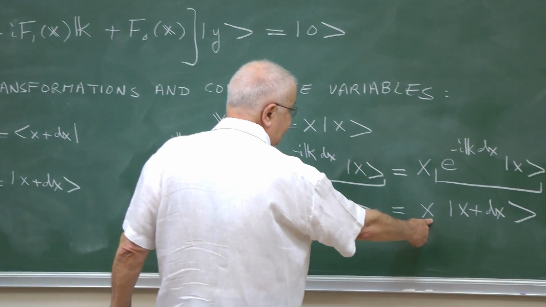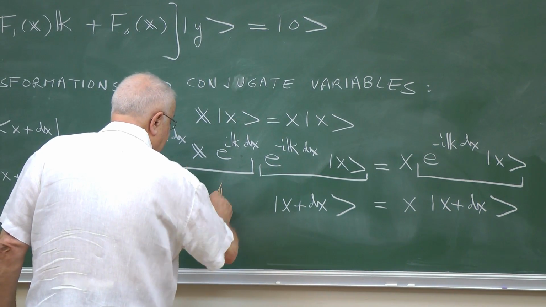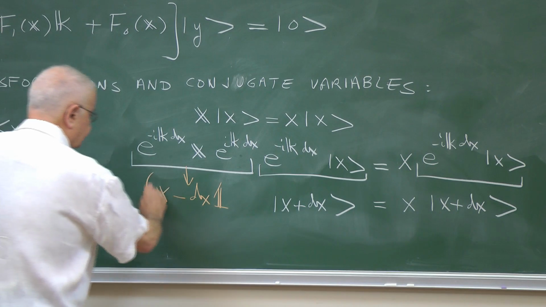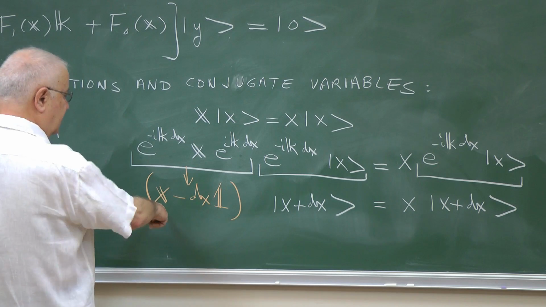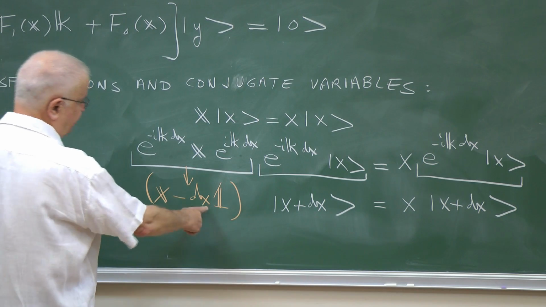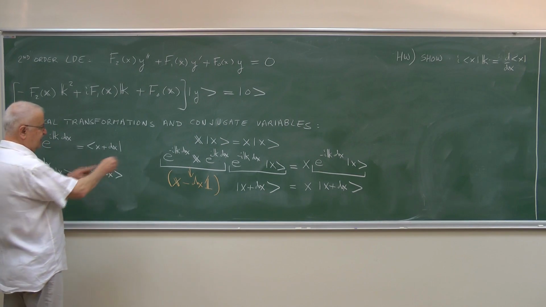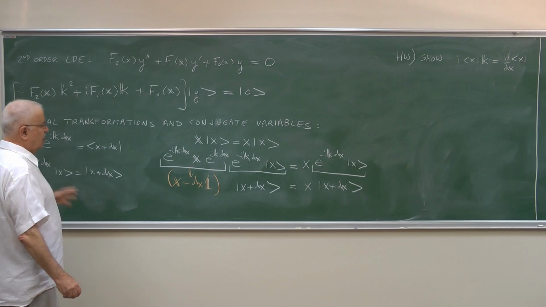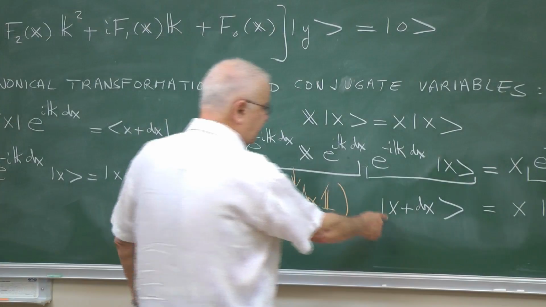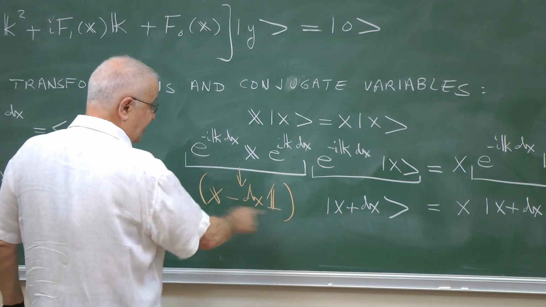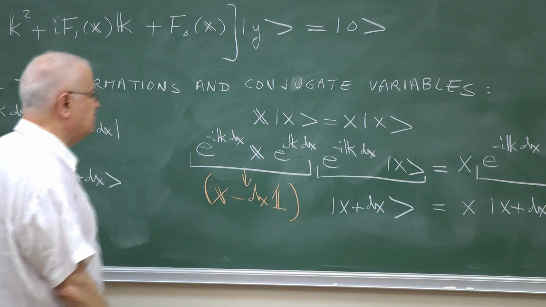But this is only x. So it should be minus dx times identity. This triple product is simply x and the first order in dx contribution minus dx times identity. So the operator gives x plus dx, the second term subtracts the dx, and I end up with simply x.